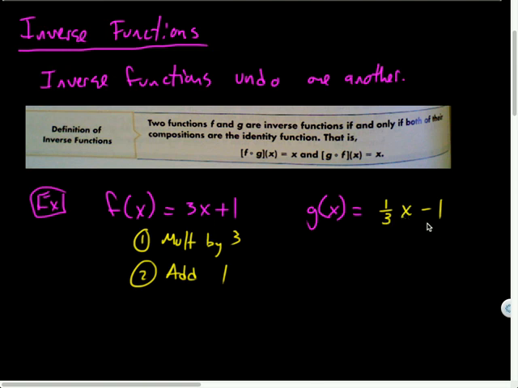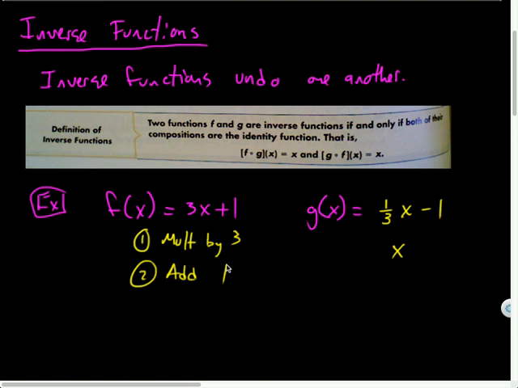However, the thing that's a little bit sneaky here, because I happen to throw two operations at us right off the bat, is the order. I have to undo what f did in order. So the first thing that would have to happen to x isn't the dividing by 3. I'll have to deal with this adding 1. So I have to undo it backwards, right? Disassembling a bomb style.